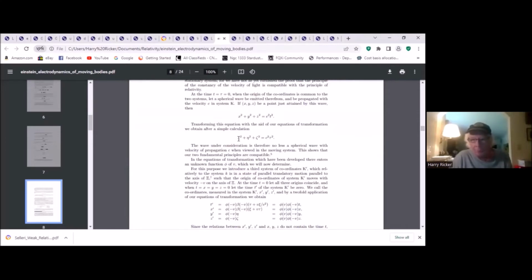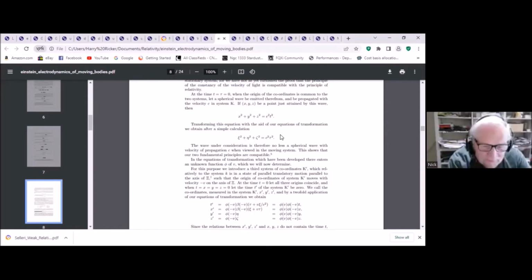And then you have this equation down here that's the light sphere in the moving frame. And he says they're equal. The problem is that when you move the c squared t squared over to the left-hand side, you get 0 on the right-hand side. And when you do the same with the other equation, you get 0. So you're equating 0 equals 0. You follow this? Yes.